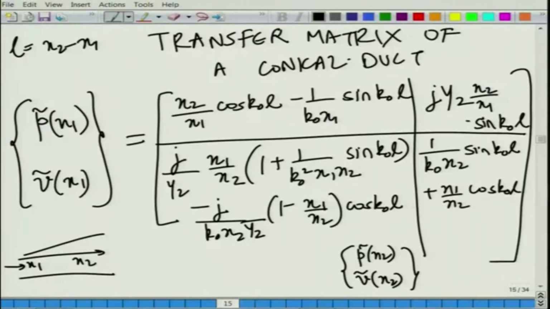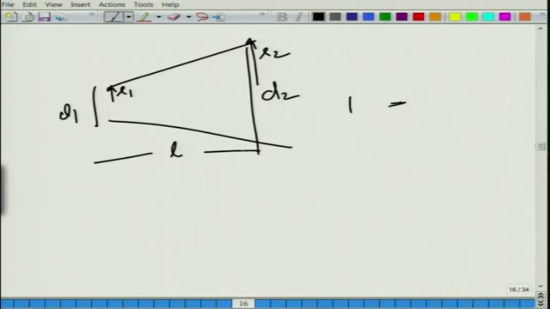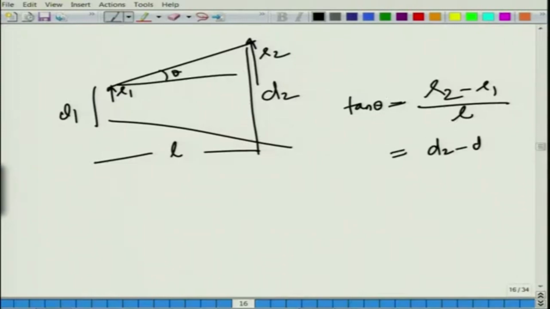From an engineering point of view, rather than working in terms of the hypothetical apex and all that sort of thing, it is a bit more convenient to talk in terms of the radius at the two sections R1, R2 or D1 and D2 and the length L. So, where tan theta is R2 minus R1 by L, and so this is D2 minus D1 divided by 2L.